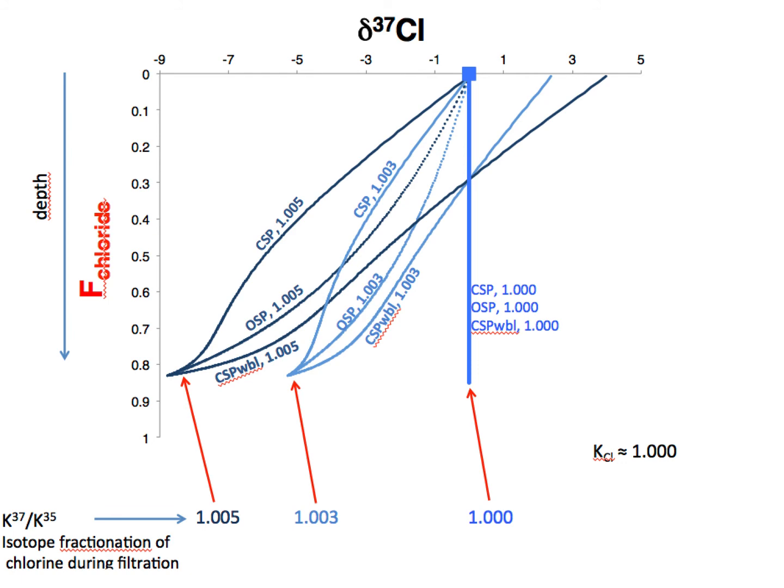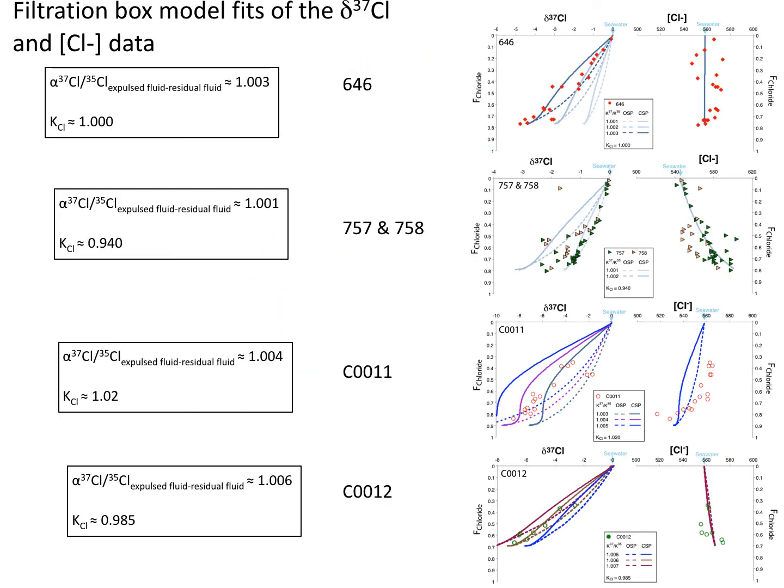For fractionation of 1.005, the model generates delta 37 chlorine as low as -9, the extreme value measured in our fluids. Here are the filtration model parameter adjustments for 5 delta 37 chlorine and chlorinity profiles.